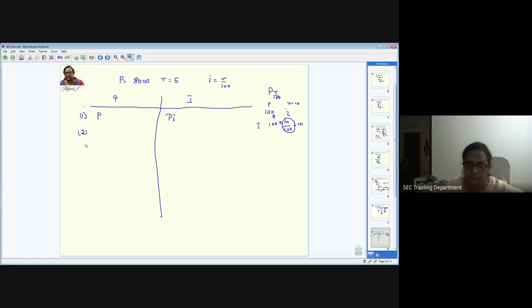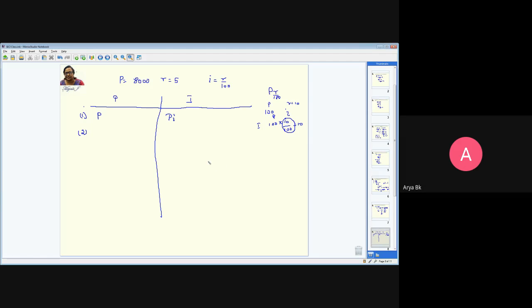No idea about it? Whatever you know, you please tell me. We do the calculation of simple interest as well as compound interest. So what's the difference? Are they both same? There should be some difference, right? Without knowing that, I cannot do this.